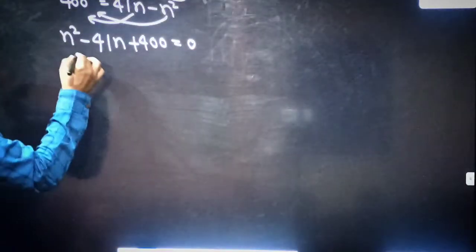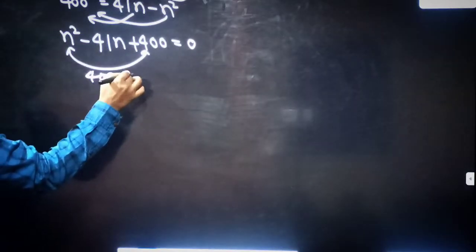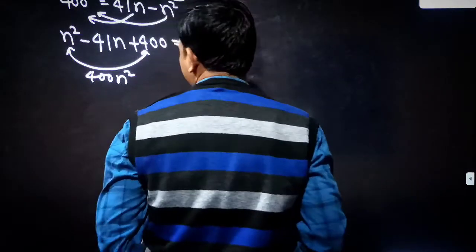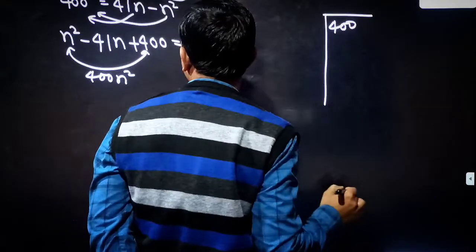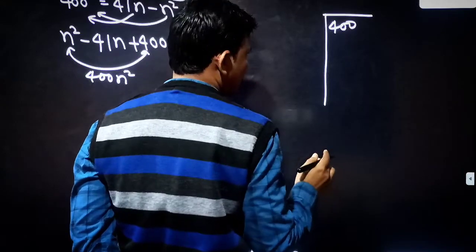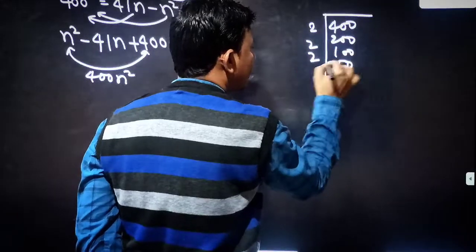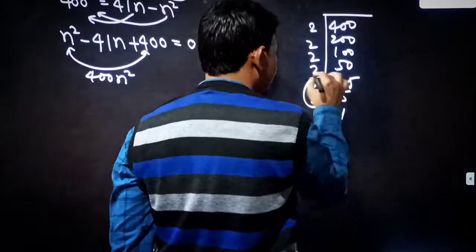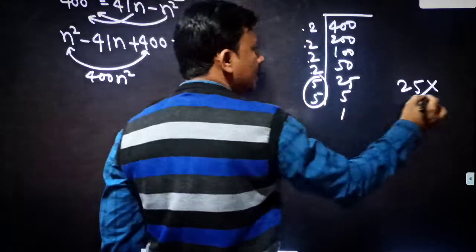Multiply first and last terms, you will get 400 n square. We need two numbers whose product is 400 and sum is 41. 16 times 25 is 400, correct.